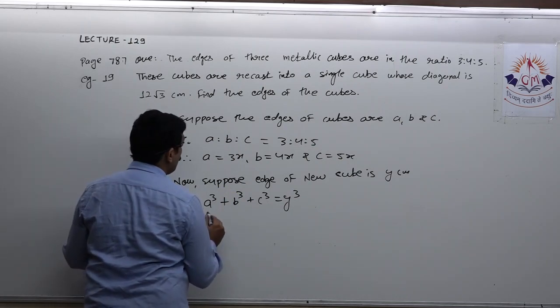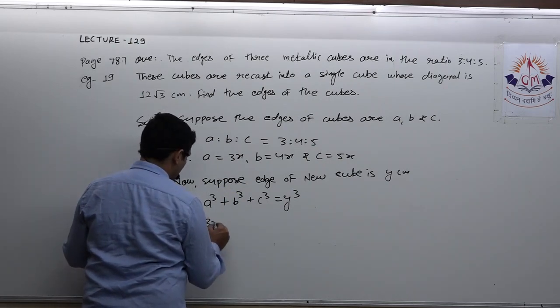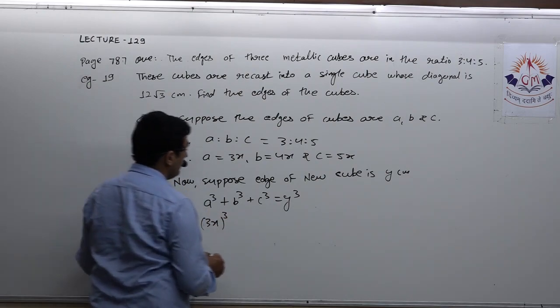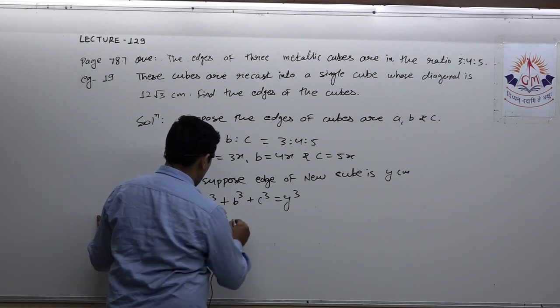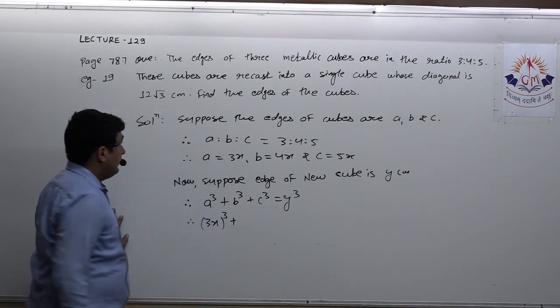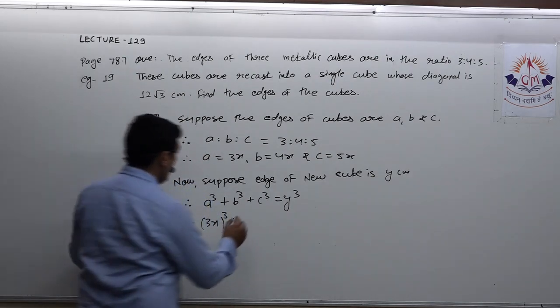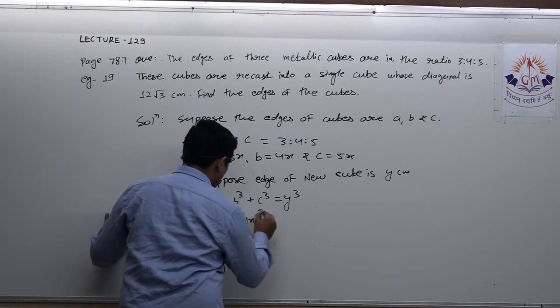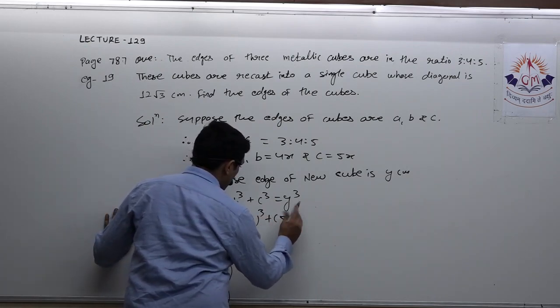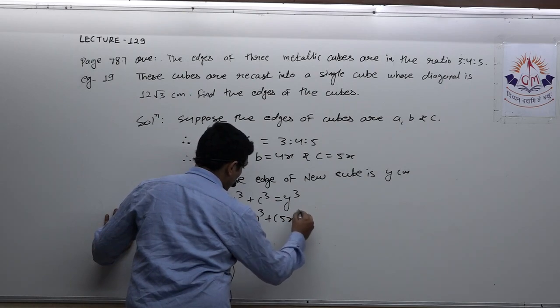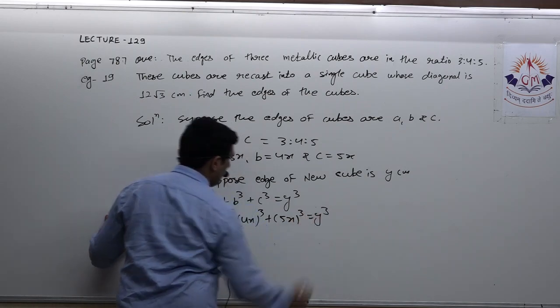So a cube is 3x whole cube plus 4x whole cube plus 5x whole cube is equal to y cube.